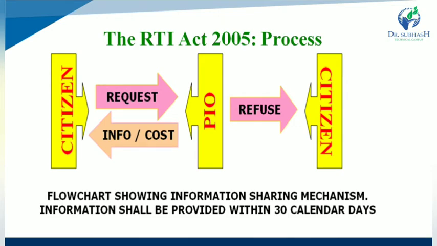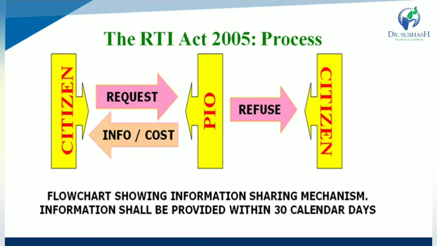So the first step: a citizen requests to gather some information. They prepare an application, and that is sent to a Public Information Officer. If the Public Information Officer is satisfied and no error is found, then the Public Information Officer transfers the information to the citizen after the citizen pays the prescribed fees.